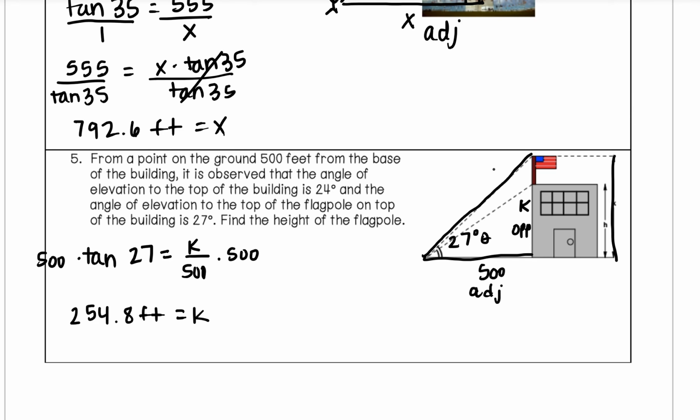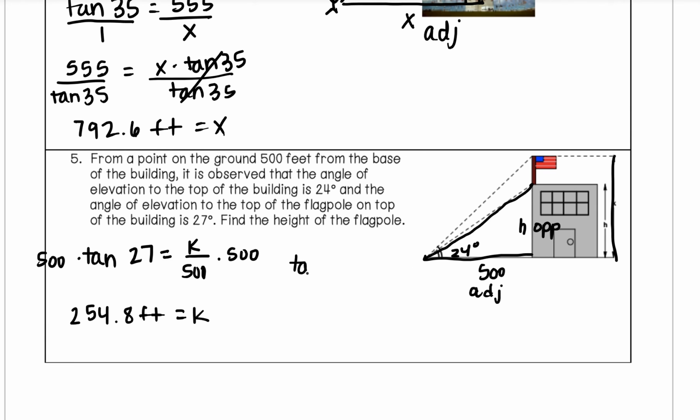So now we also need to figure out what is going to be the height of the building. So I'm going to erase what we have here. We are still sitting 500 feet from the base of the building, but now we're saying to the top of the building, the angle of elevation is only 24 degrees. So now I want to find, well, what's our h? H is now going to be our opposite side. Our adjacent is still 500.